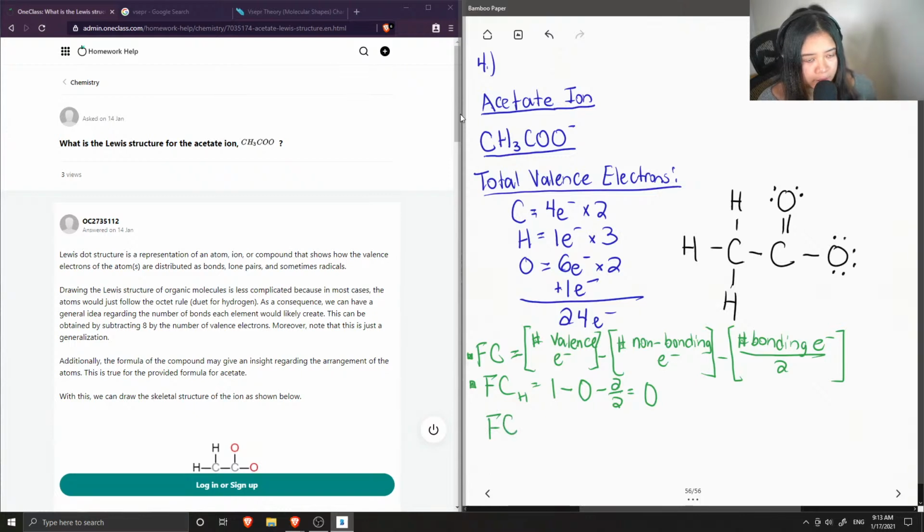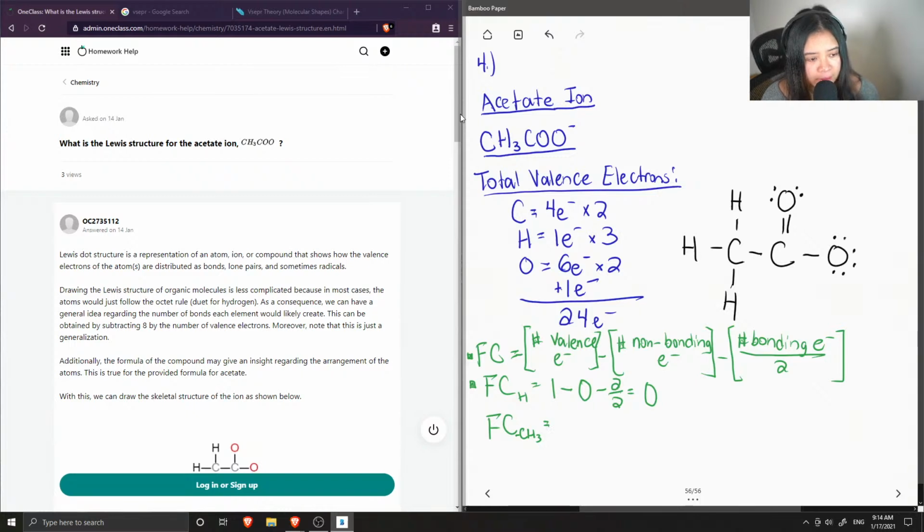For our carbon, let me just put a subscript. I'll put CH3 just so that we know it's the first carbon.